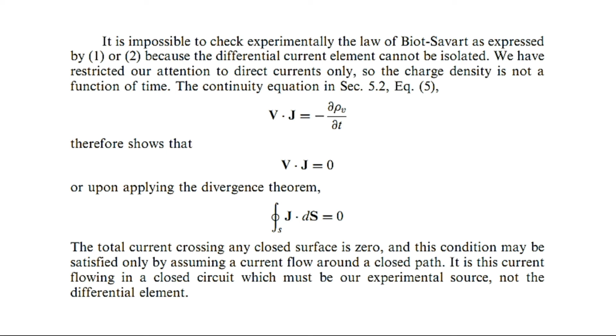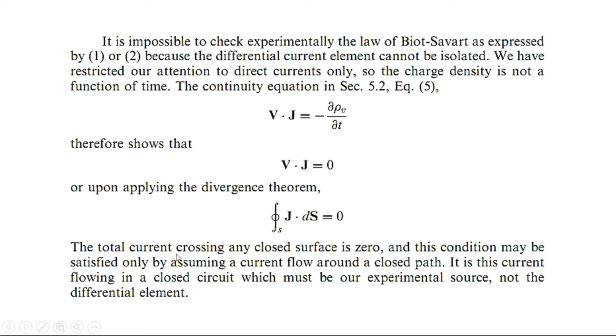When the volume charge density is not a function of time, according to the continuity equation, the divergence of the current density will be equal to the negative rate of change of the volume charge density. In this case, the volume charge density is not a function of time, so the divergence of J will be equal to 0. Upon applying the divergence theorem, we get the closed surface integral of the current density equal to 0.